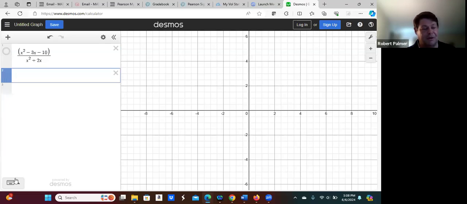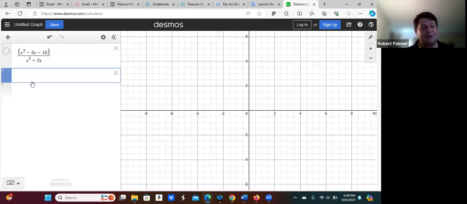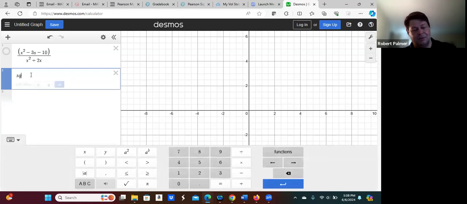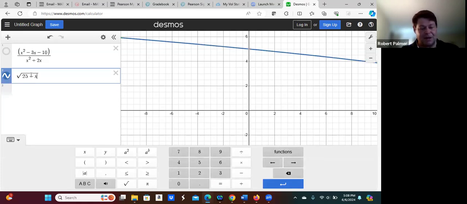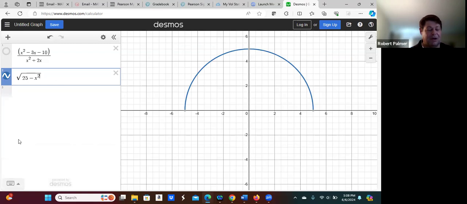You can do the square root with the button on the keyboard, but it's easier just to type in SQRT. Then do 25, making sure it's within the square root, minus x squared. Actually, what we have is the upper half of a circle with a radius of 5. So that's what our function looks like.